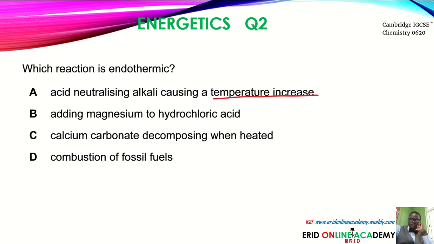You may not even recall that a neutralization reaction leads to an increase in temperature, so luckily you've been told here that it leads to an increase in temperature. You have adding magnesium to hydrochloric acid, then calcium carbonate decomposing when heated, and combustion of fossil fuel.